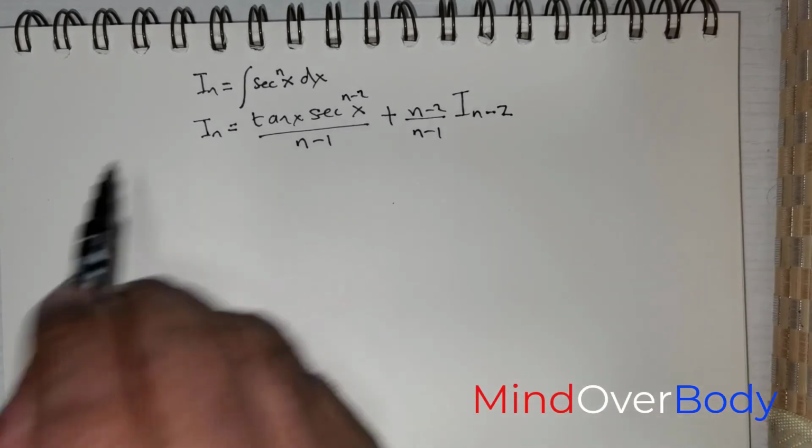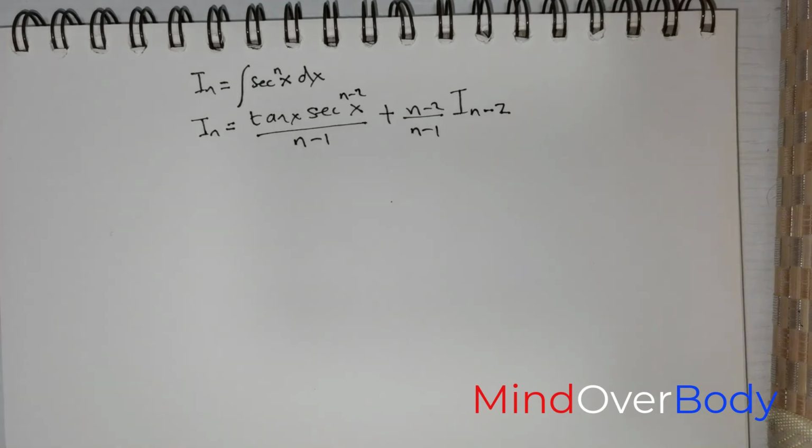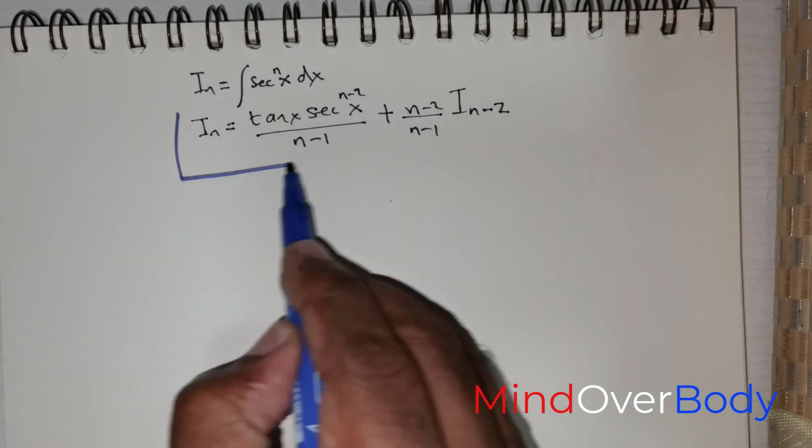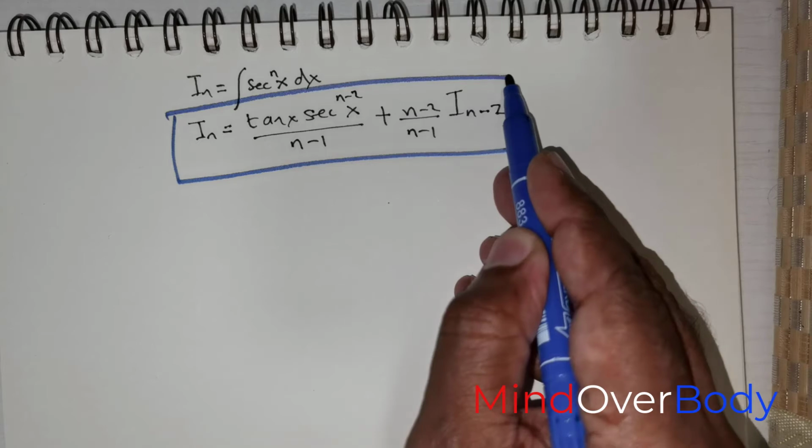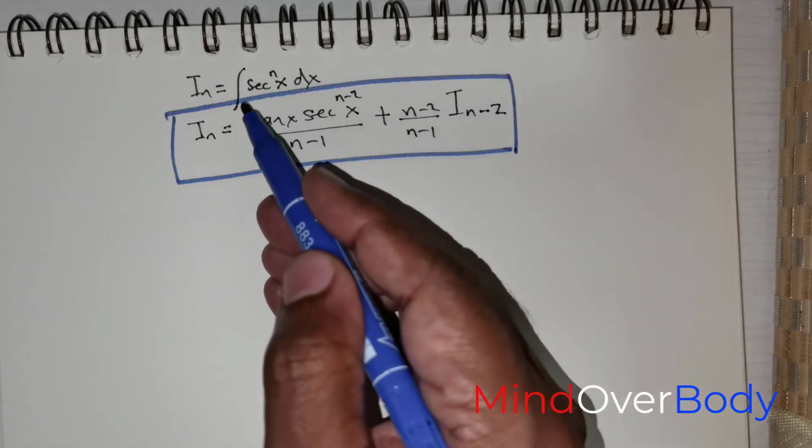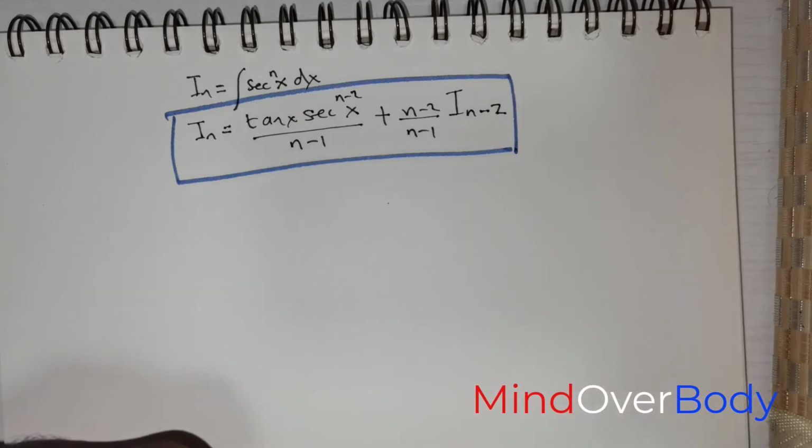So this is the reduction formula for the integral of secant^n x dx. We will obtain the proof for this.